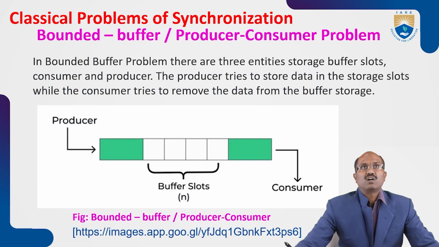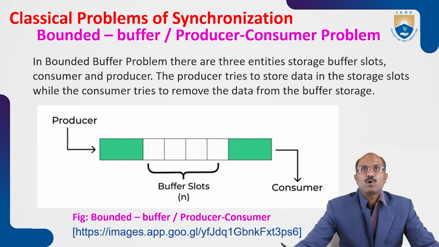See the picture of the bounded buffer problem. There are three entities: the storage buffer slots, and the consumer and producer, which are two points, one the entry point and the other the exit point. The producer tries to store data in the storage slots, while the consumer tries to remove the data from the buffer part.